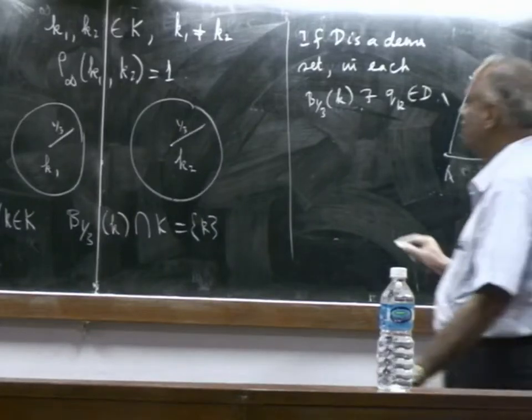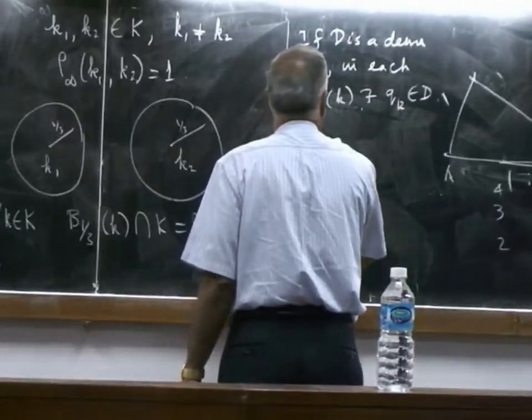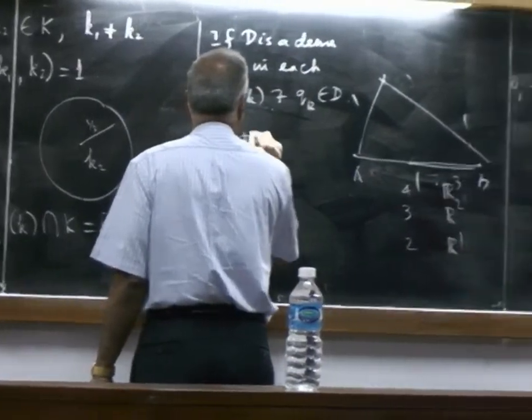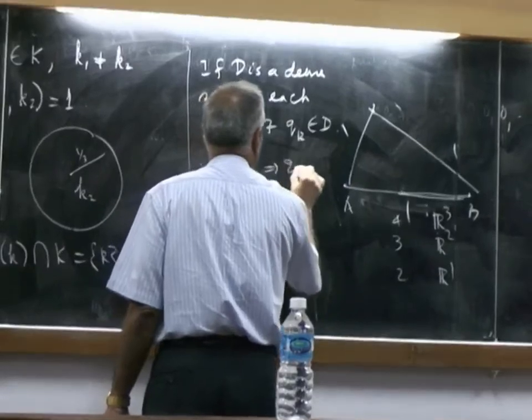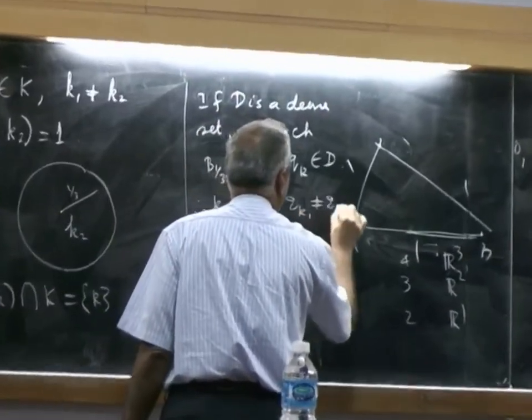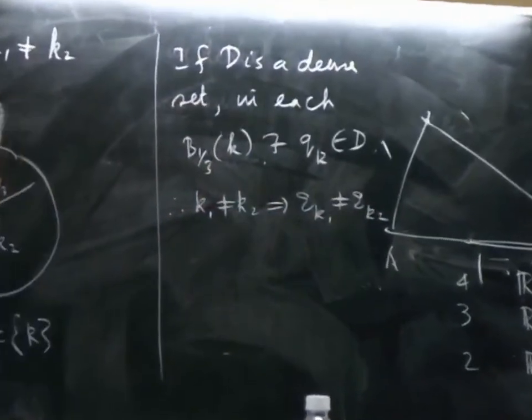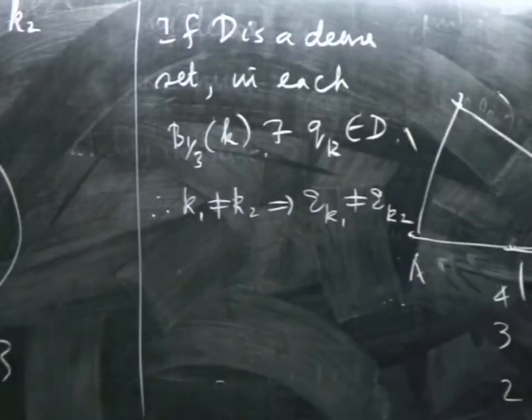Therefore, k1 not equal to k2 implies q_k1 not equal to q_k2. In fact, the balls don't intersect at all.